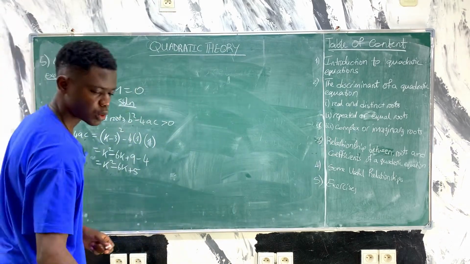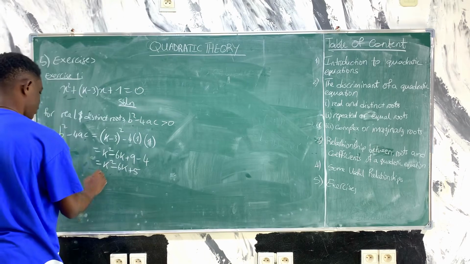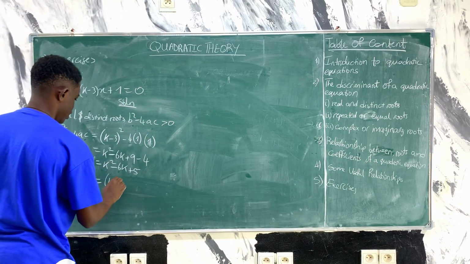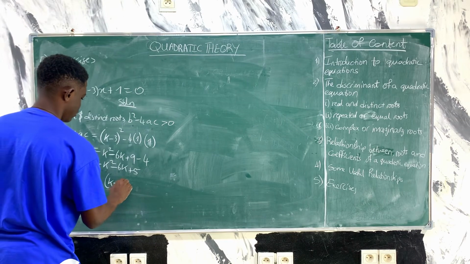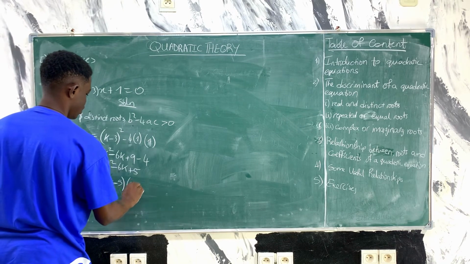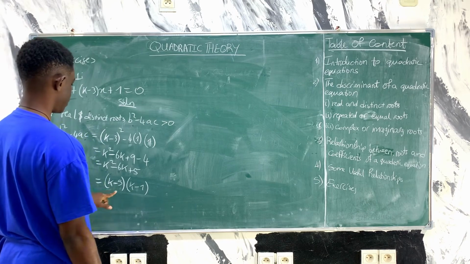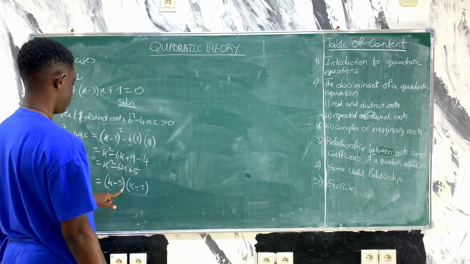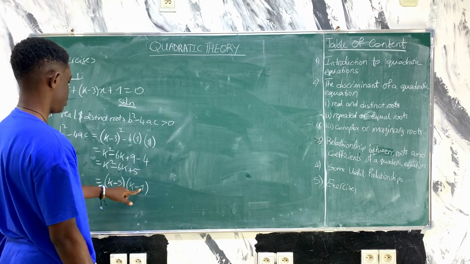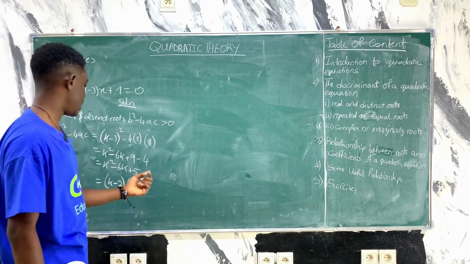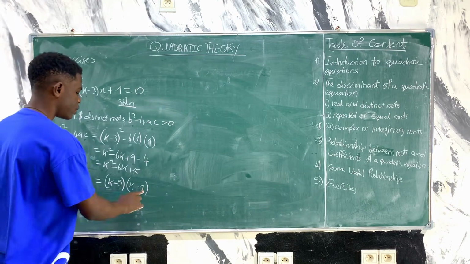Well, we wanted to put k in factor form. We'll have k minus 5 and k minus 1 for k squared minus 6k plus 5. So we had the values as 5 and 1.